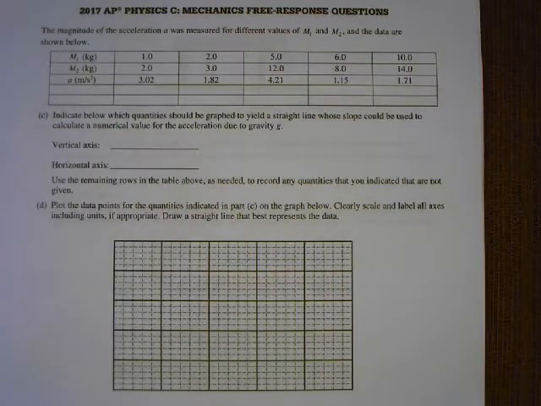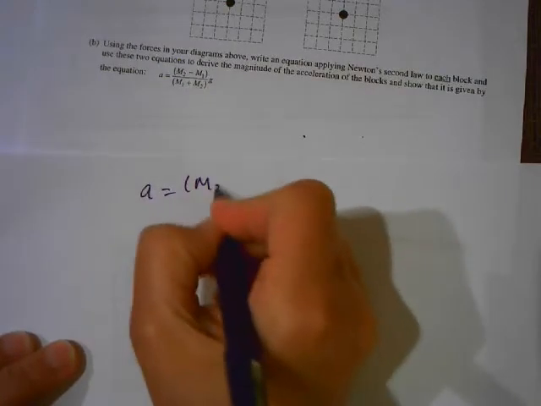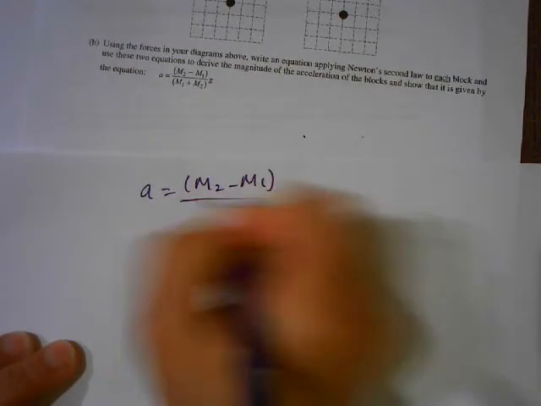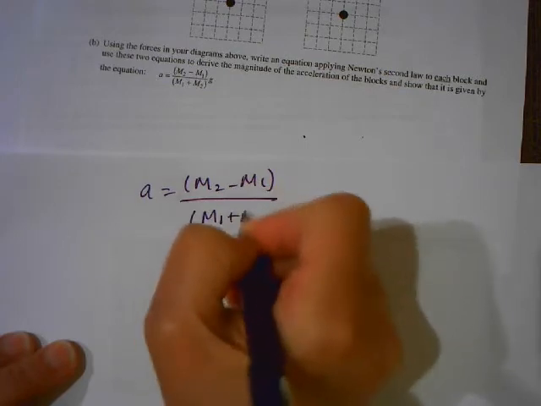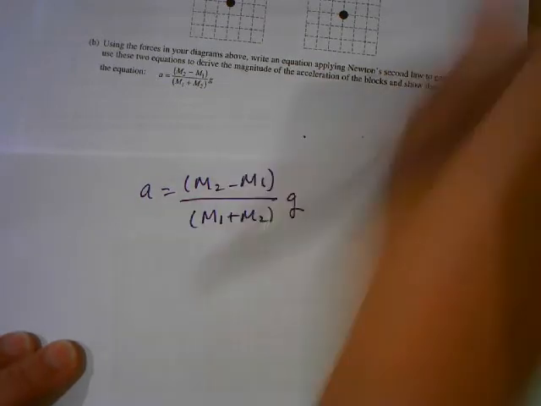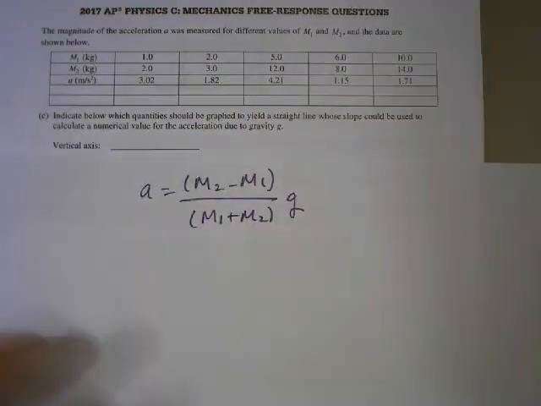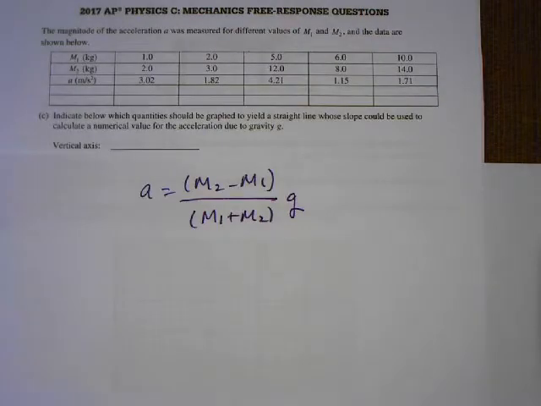So you have to go back to the equation that they gave you here: a is equal to (M2 minus M1) over (M1 plus M2), which you derived. And you have to look at this and figure, how is this going to be a straight line?